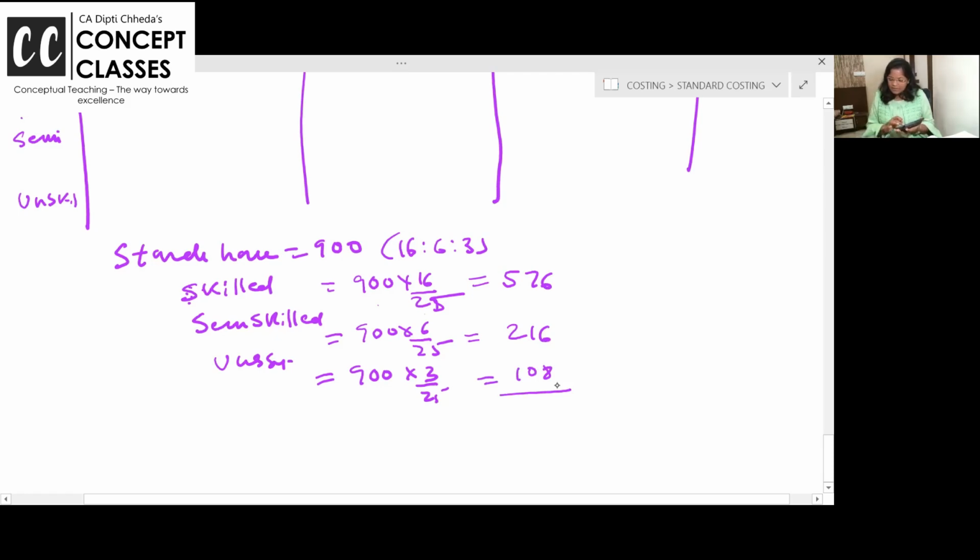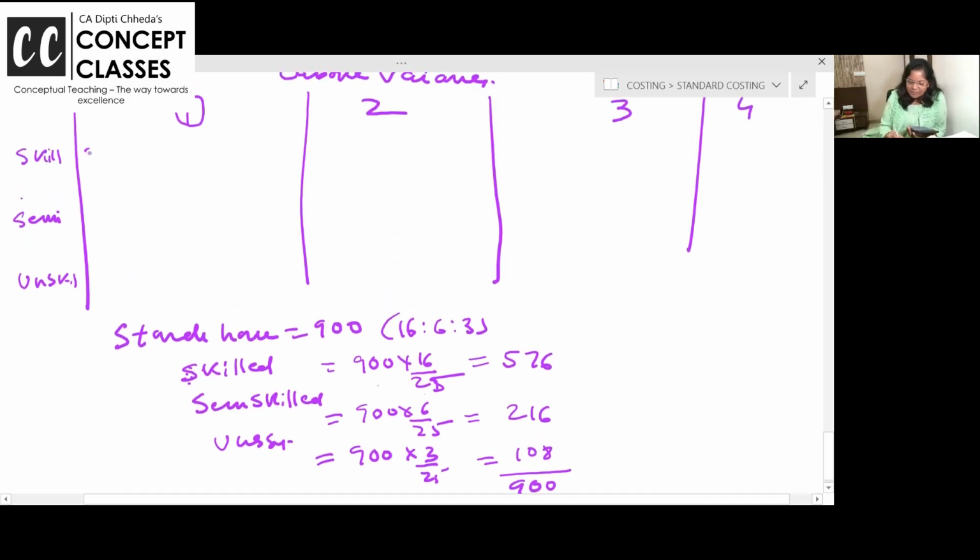Yes, plus 216 plus 576 is 900. Write this in the exam. It will hardly take 2 minutes. Okay, let's go. Can we write standard hours? 576, 216, 108 hours, 900 hours.